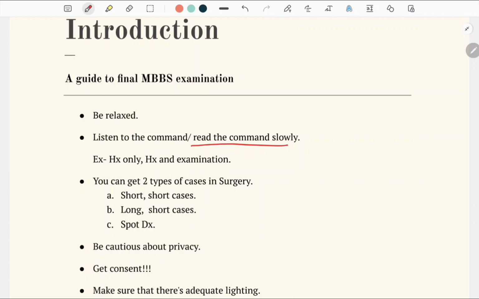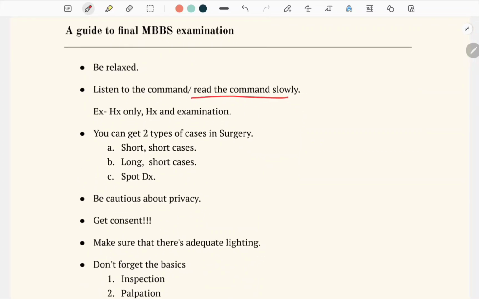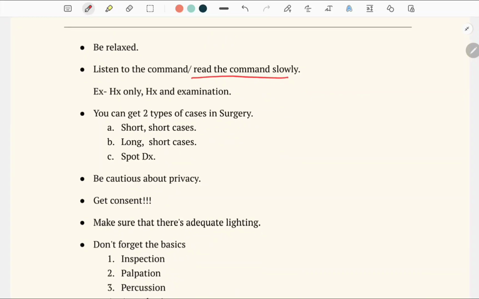And in certain cases they won't let you get the history from the patient, and they will directly ask you to examine. And in certain other cases you might have to examine first and then ask one or two questions from the patient to complete your examination.